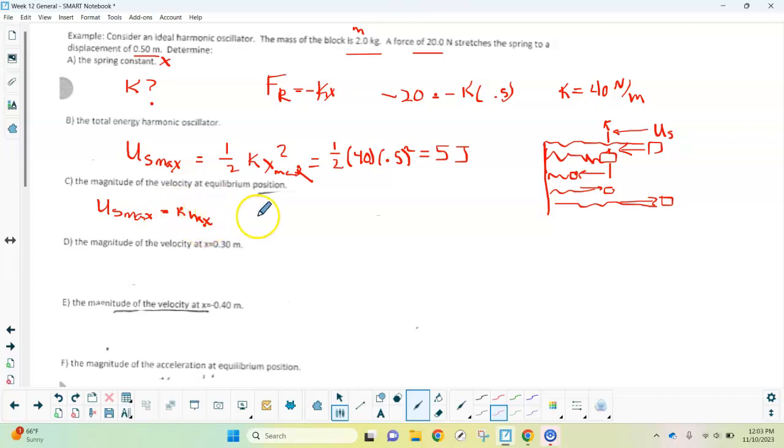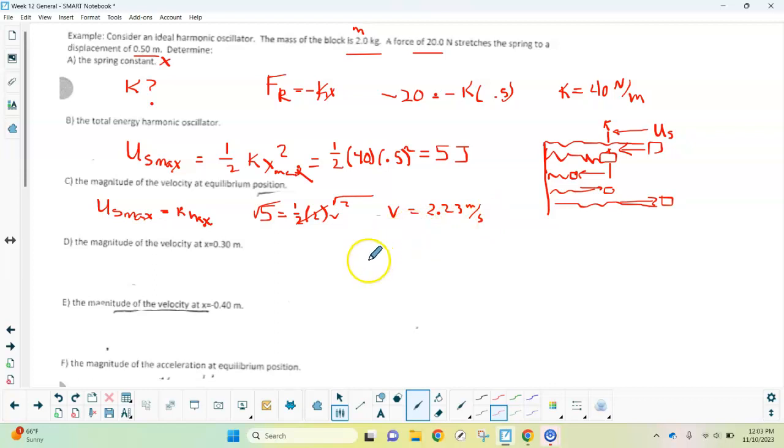So we basically just have to say 5, for the energy for part B that we found, is equal to 1/2 mv squared. m was the mass of the block, which is 2, and then it's v squared. Half of 2 is just 1, so that's easy, and then we just have to take a square root of both sides. So v is equal to something like 2.23 meters per second. So again, it's just using conservation of energy.